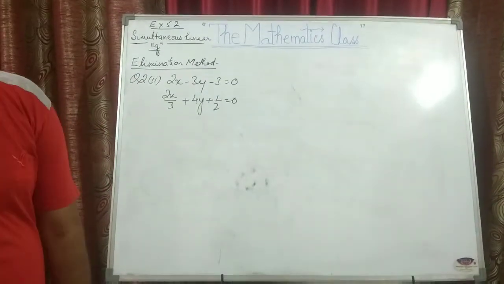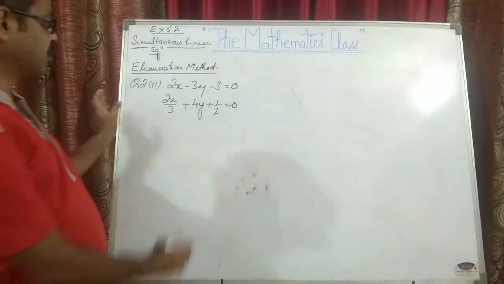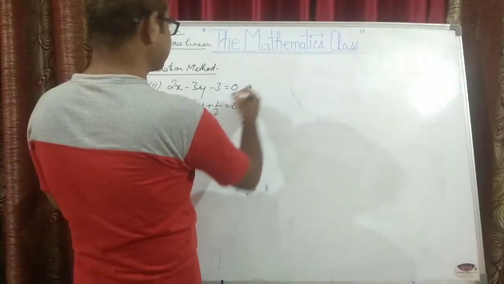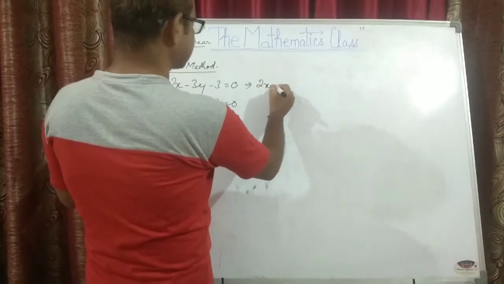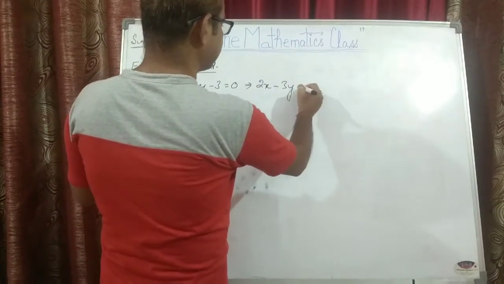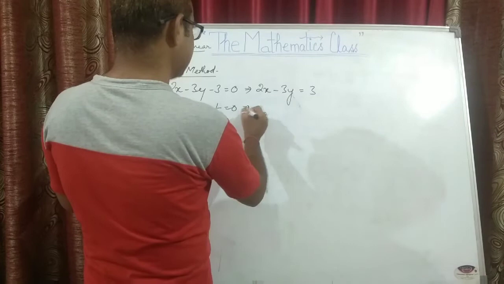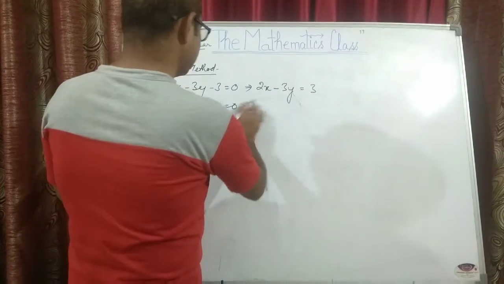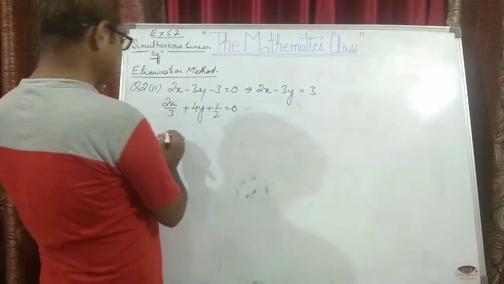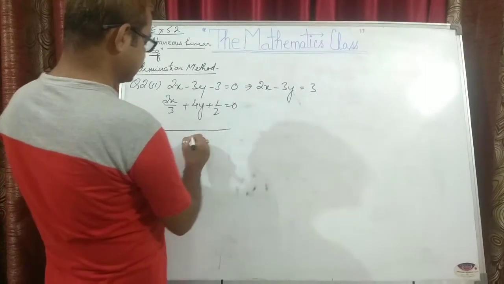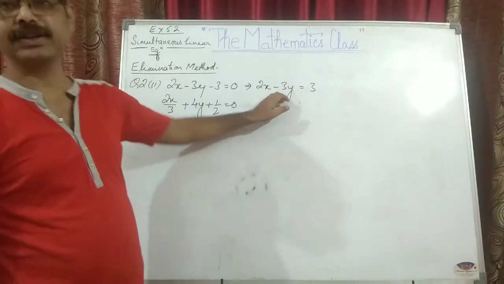This is the equation. First of all, we can write the first equation as 2x minus 3y is equal to 3. In the second, you can take the LCM as 6. Try to make it linear in this form.